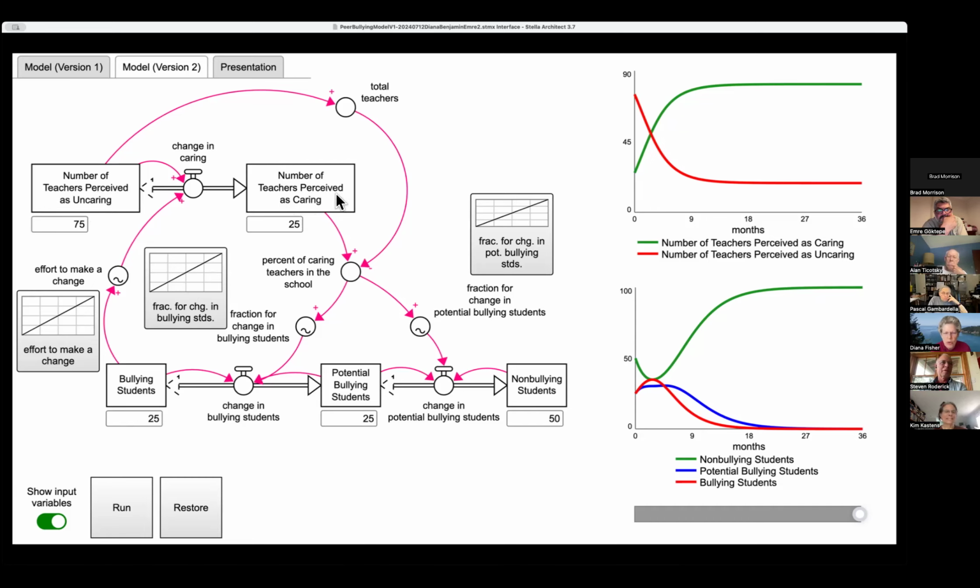Would we have the number of teachers perceived by the bully as caring? And would this feedback make sense? Well, it could make sense in drawing the bullies back to being potential bullies. I don't know if it would make sense as drawing the potential bullies into non-bullying. Maybe. We could put that in there.